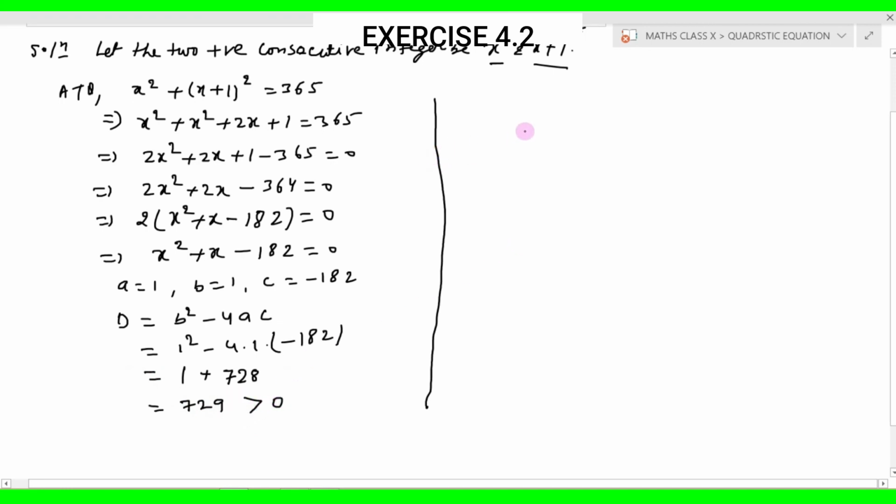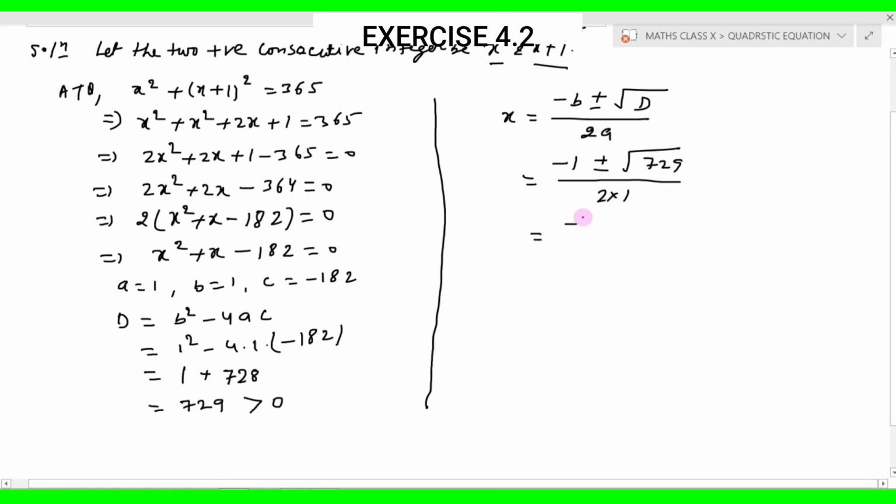Then you find the value of x using the quadratic formula: minus b plus or minus square root of d divided by 2a. Substitute the values: minus 1 plus or minus root d, which is 729, divided by 2 into 1. The value of a is 1. Then minus 1 plus or minus the square root of 729, which is 27, divided by 2.